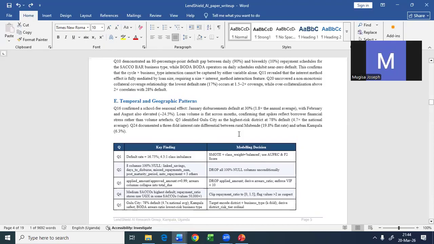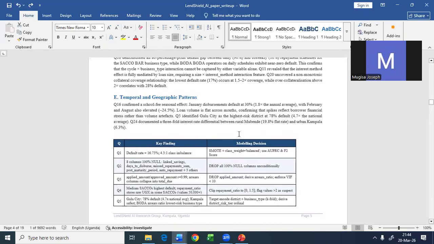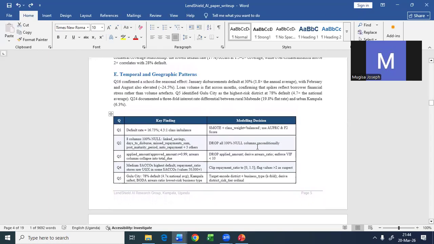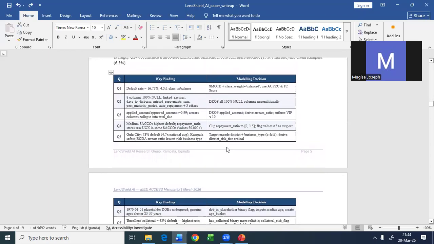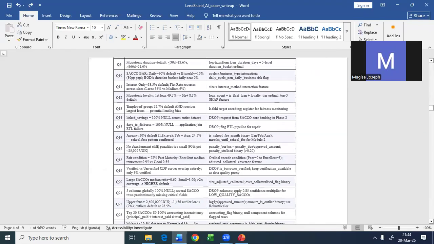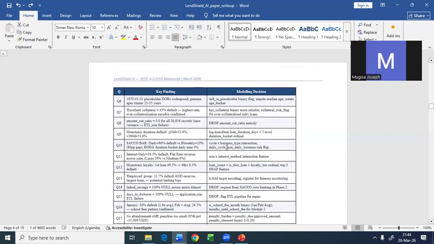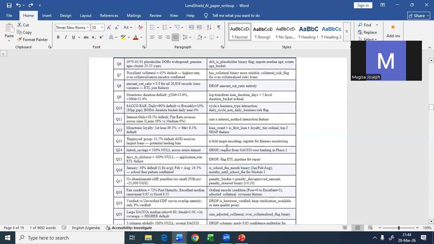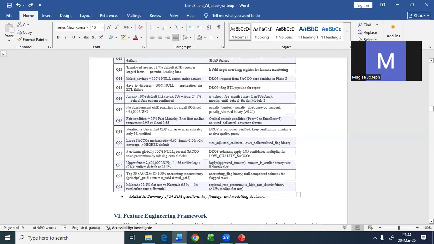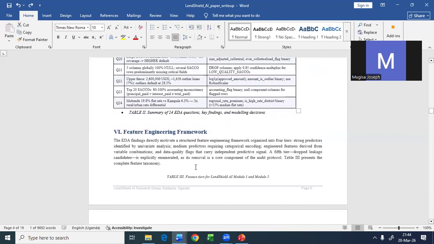We had to label, we had to scale, and then we have a school fees month feature, to help our models run and to have good accuracy. So this is just the summary of the key findings and then the modeling decisions. It's the summary of everything that we have.